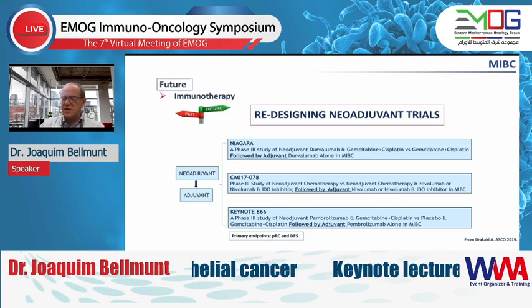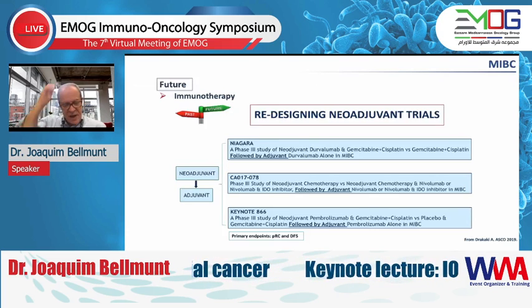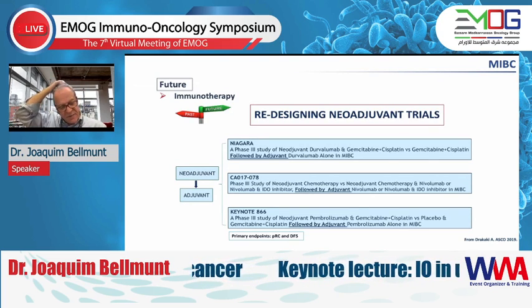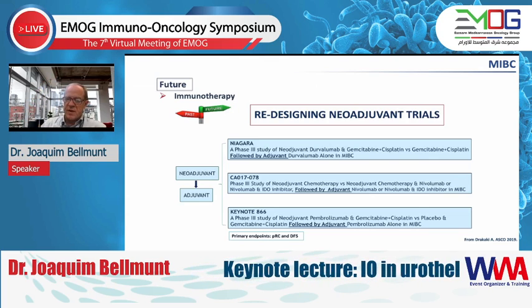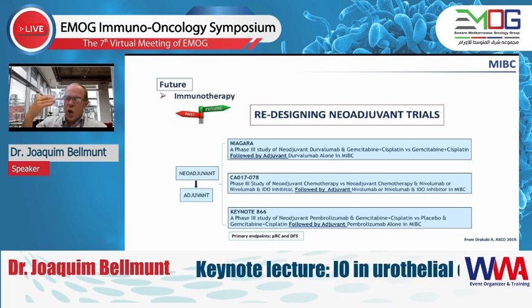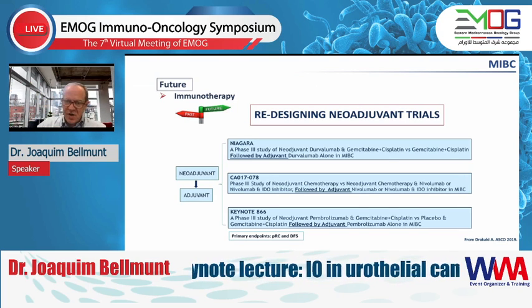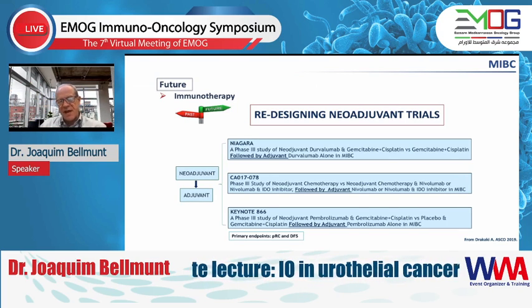So still, this trial has not been published. However, nivolumab is likely going to be a potential option because the main endpoint, that was progression-free survival, was met. And there are other trials in this perioperative bladder cancer space.